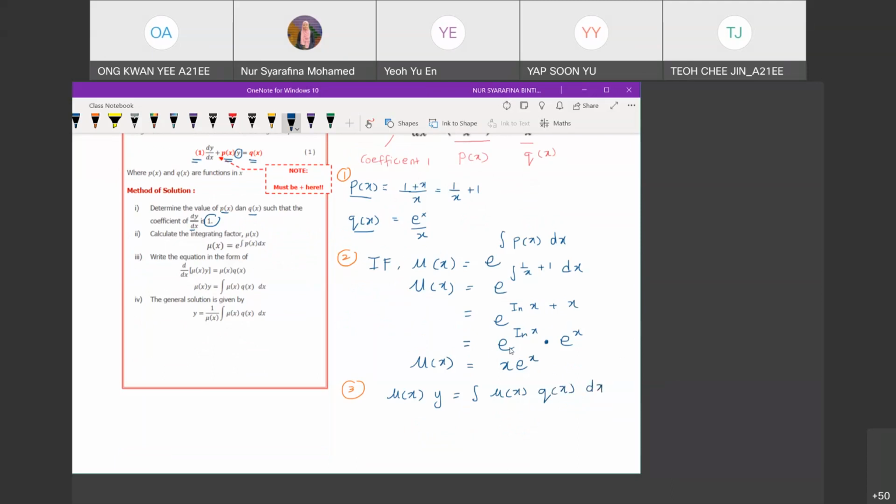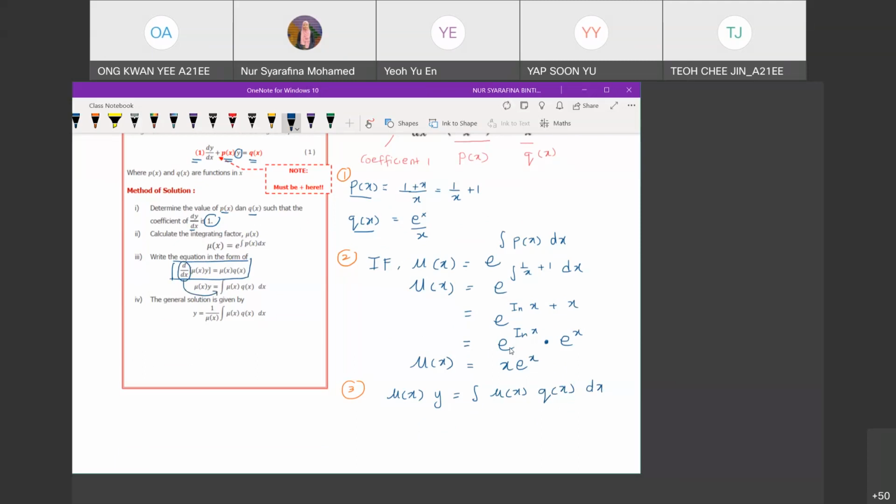Why integrate? Because the general form is the derivative of mu(x) y equals mu(x) Q(x), so we just replace the d/dx with the integral sign.